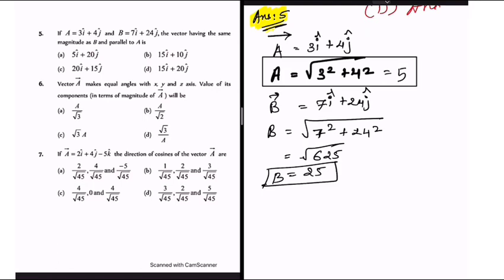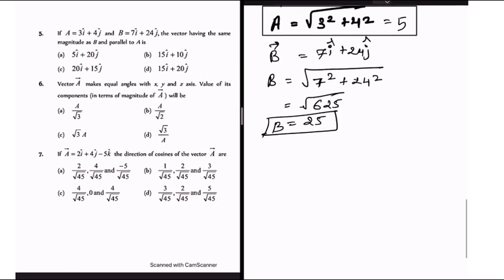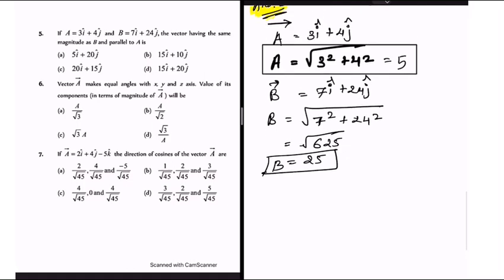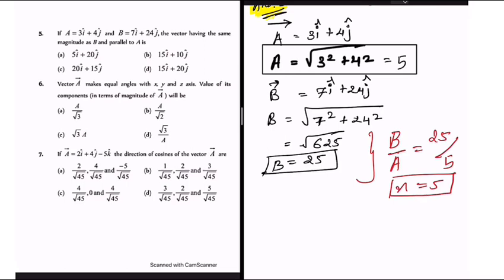You need to find a vector which is parallel to A. So it means whose direction is the same as A but magnitude of B. So what is the ratio of B upon A? B upon A is 25 upon 5, which is 5. You can call it n. Therefore A dash is nA. If you remember, when you multiply any number to the vector, the magnitude will be n times, but the direction won't be changed.